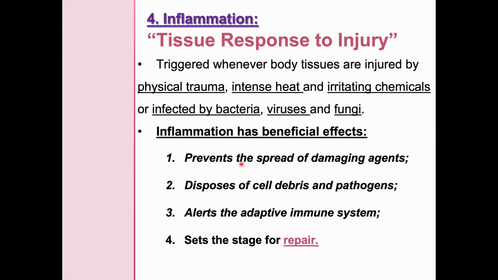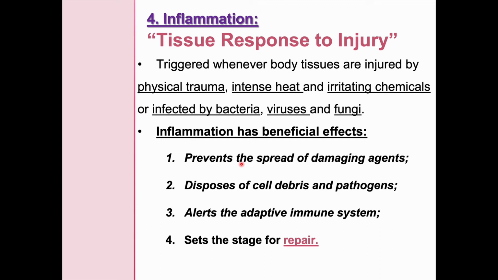Okay, next is the inflammatory response. Whenever there is an accident or trauma, there is an inflammatory process. This inflammation is produced in order to prevent the invasion of bacteria, virus and fungus.